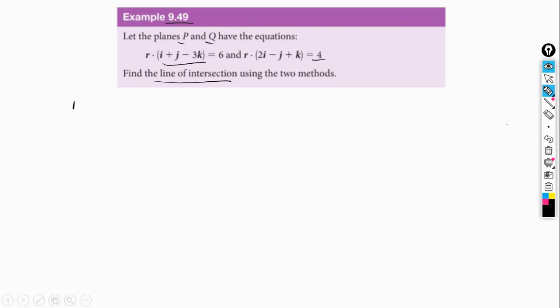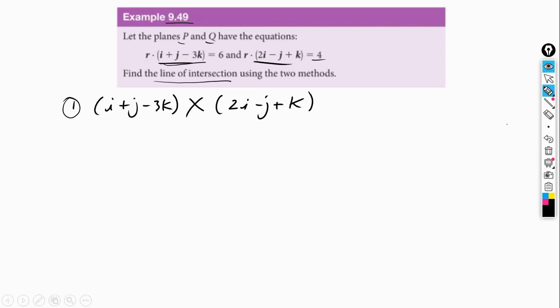So the first method implies doing the cross product of these normals. So let's do that first. We're going to get that (i plus j minus 3k) cross (2i minus j plus k) is going to give us 2i plus 7j plus 3k.